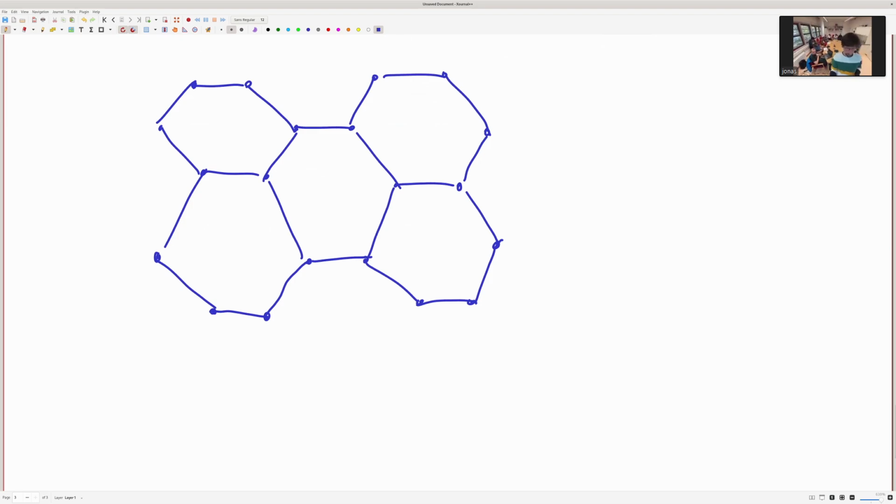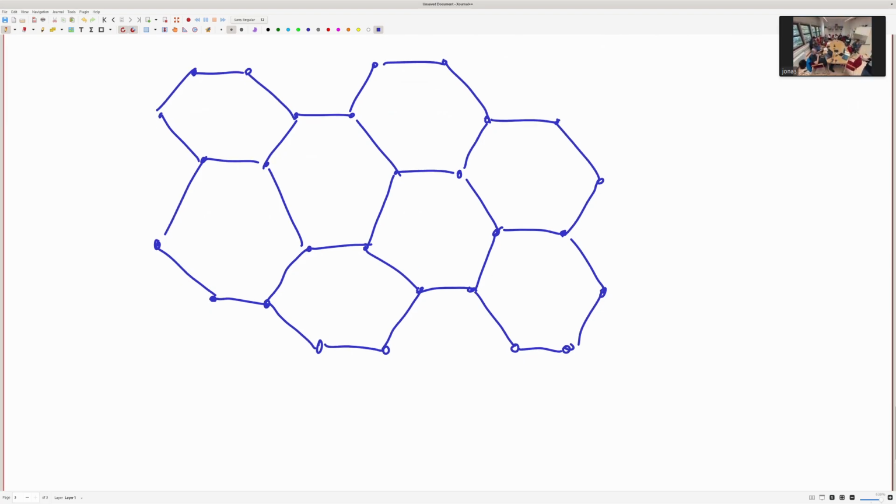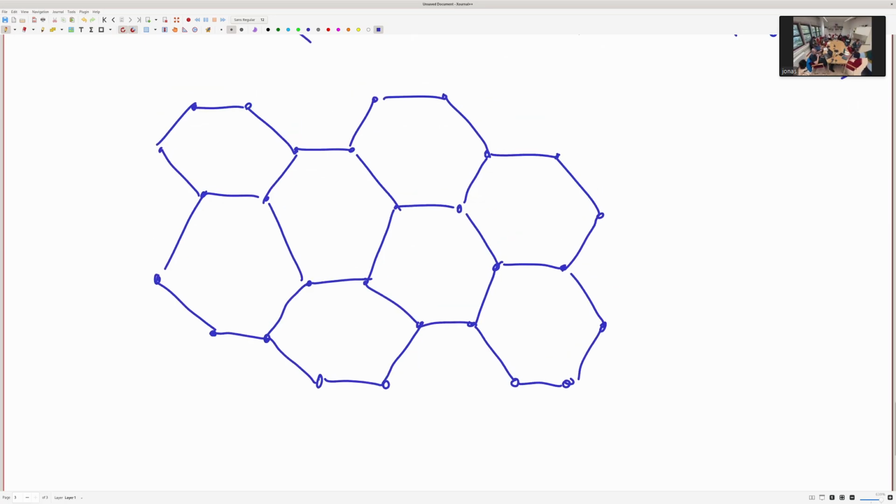Something like this. The idea is that I consider a system like this, and I place a spin on every vertex. I want to consider a system such that in the end there are 2n spins, so 2n vertices, which means the Hilbert space will be 2 to the 2n.